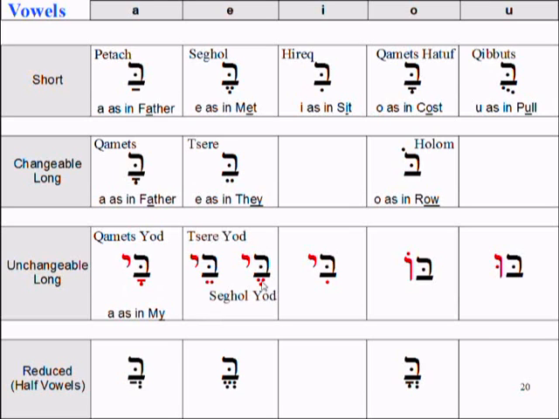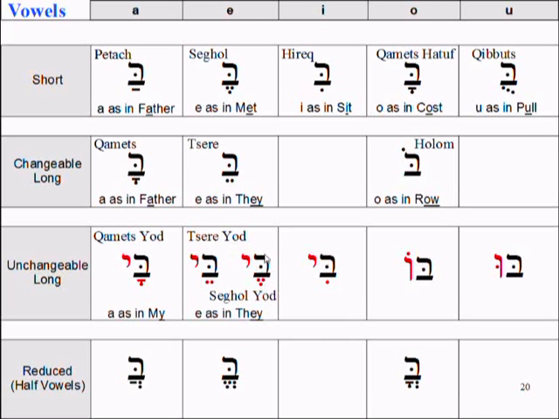Tsire yod. This is an S sound, and it's just being lengthened. Basically, having the yod on the end lengthens it, and it goes from to a. So it goes from to a. This is sometimes an and sometimes an a, but this is definitely an a sound.